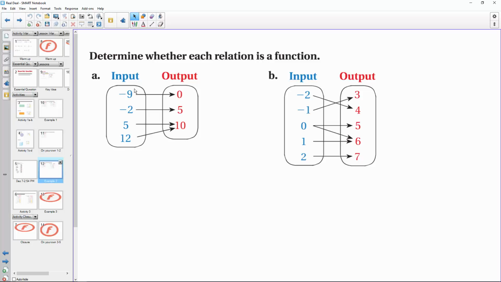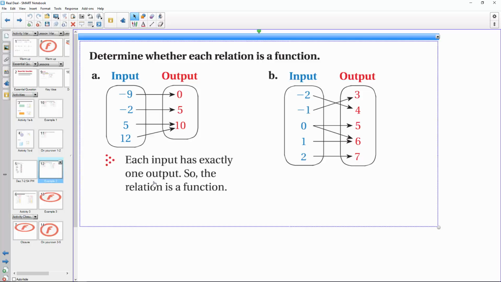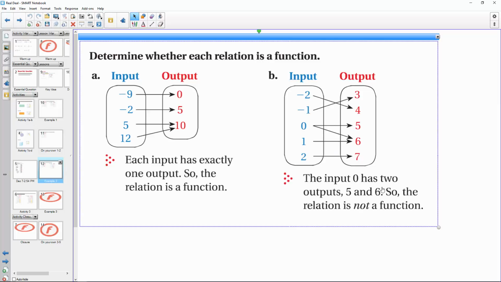This right here would represent a function because this 12 is just going to this 10. It's a 1-to-1 correspondence. So one output, so the relation is a function. If I look at this one, it has one output, but this 0 has 2. And since it has 2 different ones, it is not considered a function. So it has 2 outputs, so the relation is not a function.